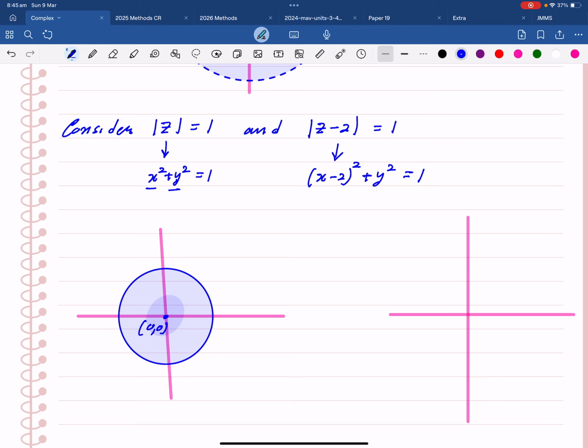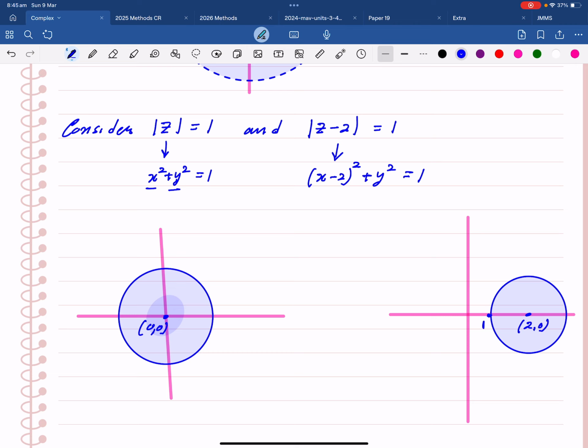When it comes to here, now center is what? 2, 0, right? 2, 0 is somewhere here. Now I'm going to make a circle there. So my radius is 1, right? So I have to stop from here. So this is going to be 1 here. So this is my second diagram.